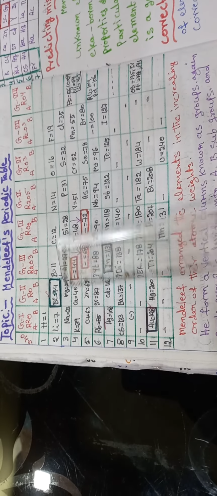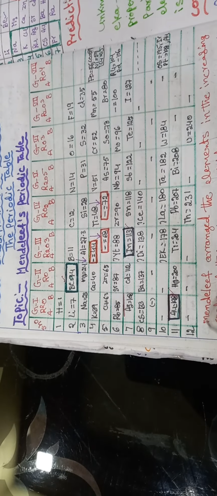Mendeleev drew vertical lines and horizontal lines on a chart. By drawing vertical and horizontal lines, 8 groups and 12 periods are formed here.